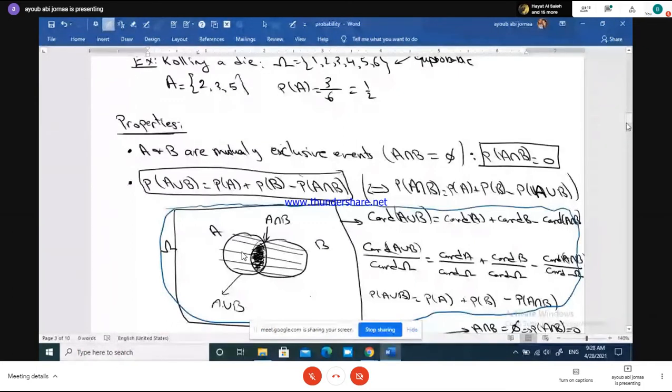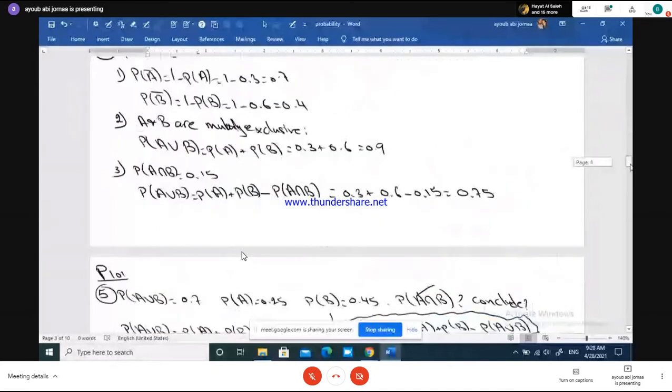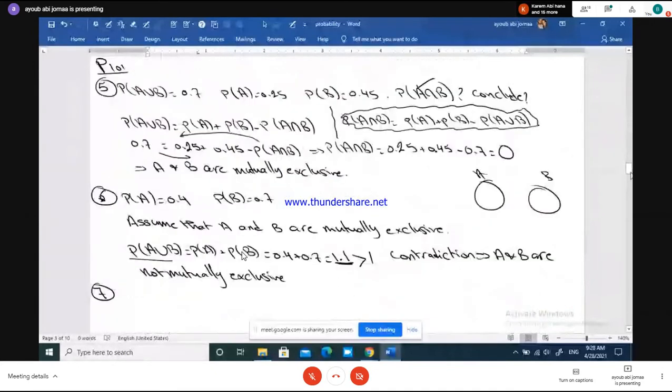I said 0, بس من هي اللي equal 0? A intersection B is 0. And this rule, if A and B are mutually exclusive, then probability of A union B is probability of A plus probability of B without minus probability of A intersection B. Okay? Rules ممنوع ينتسوا.